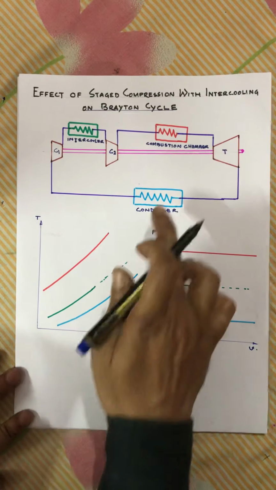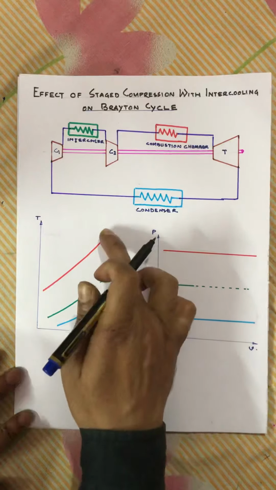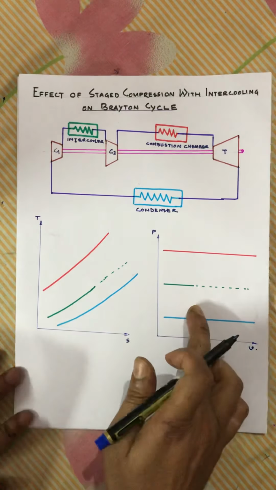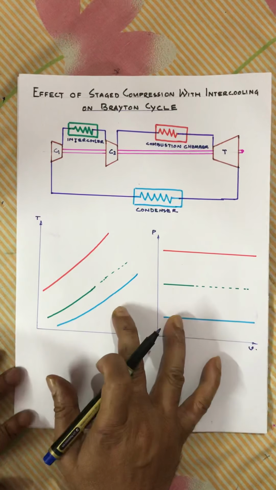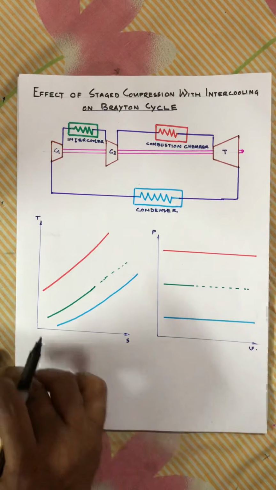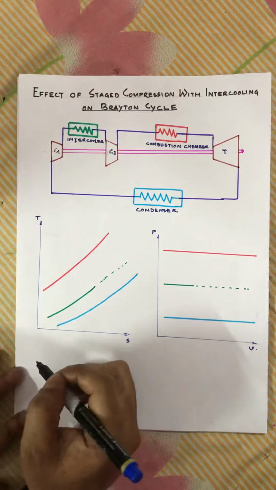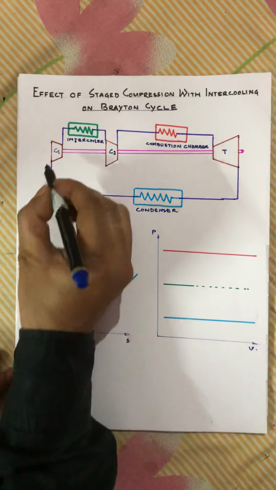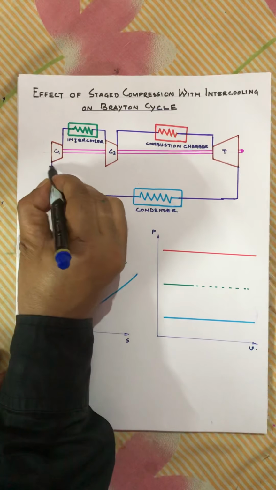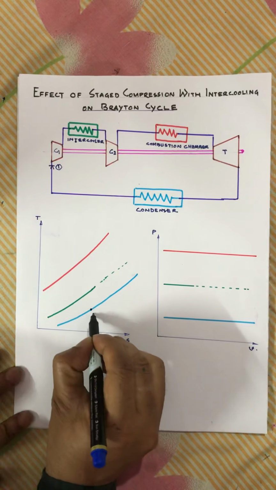This color is condenser pressure, this one is intercooler pressure, and this red color is combustion chamber pressure. That has been used in the PV diagram also. Now we will start from the first compressor. That means before the first compressor, suppose 1. Suppose this point is 1 in the TS diagram.